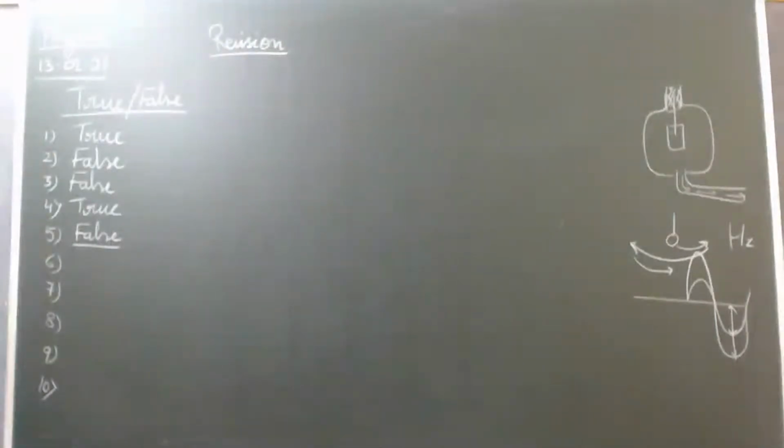It is false. Lower the frequency means fewer oscillations per second. So if the number is less, how will the pitch be higher? If the frequency is lower, the pitch will also be lower. So it is given as higher. If in place of higher it were given lower, then it would be correct. But they give the reverse, higher. So it is false.